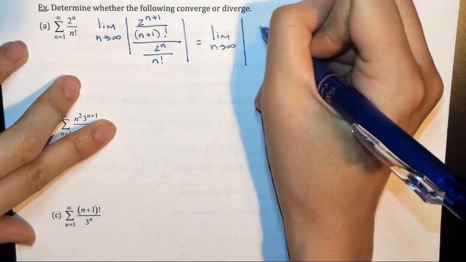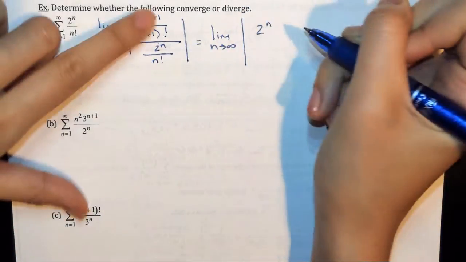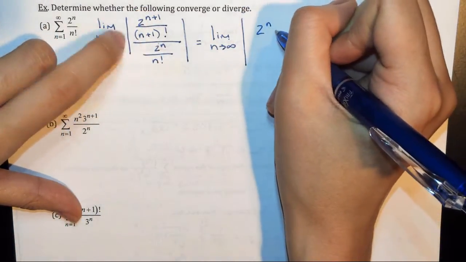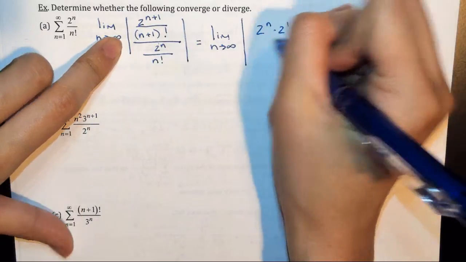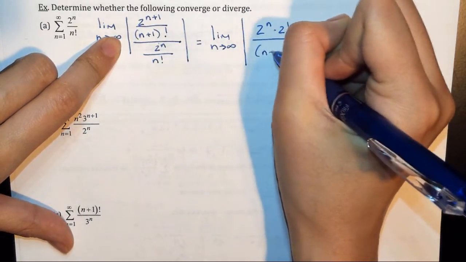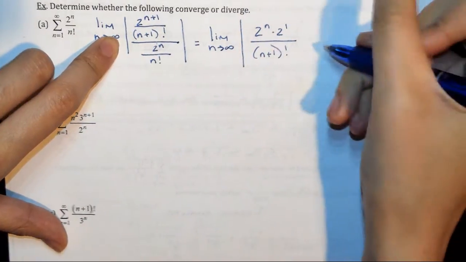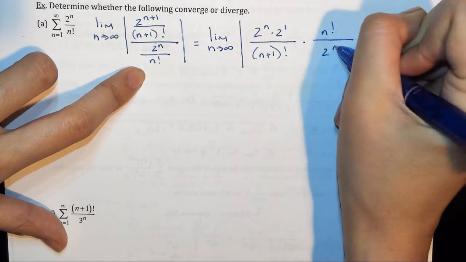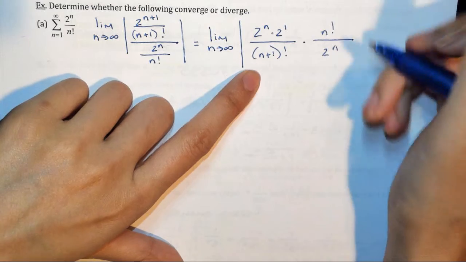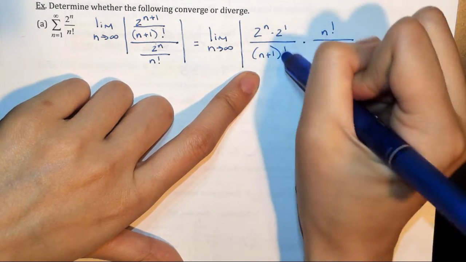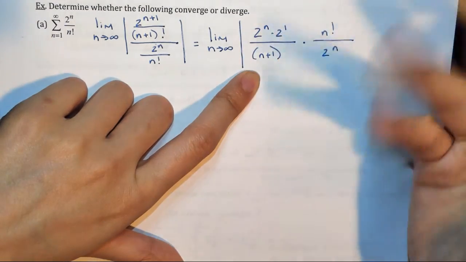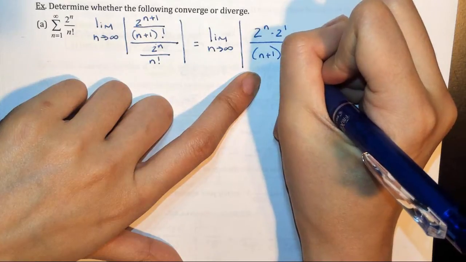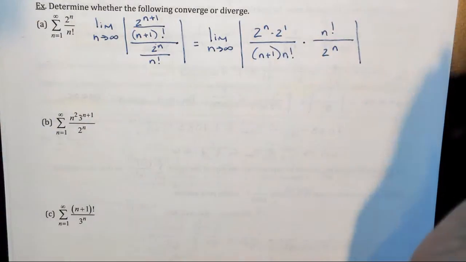Let's multiply by the reciprocal. 2 to the n plus 1 can be simplified into 2 to the n times 2 to the 1. And we'll flip this. And n plus 1 factorial I can actually simplify to n plus 1 times n factorial to help us simplify.